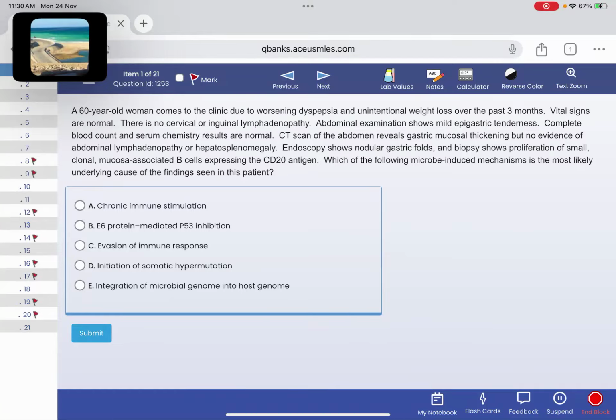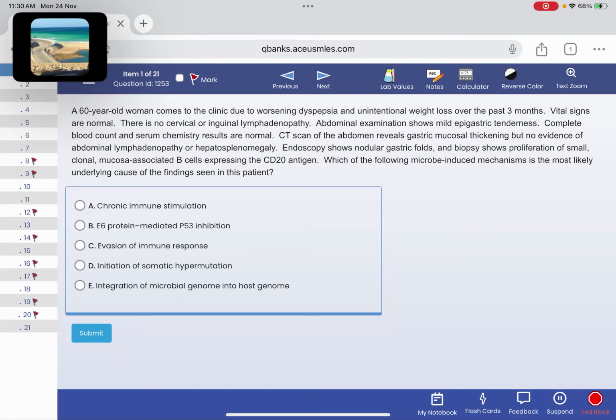CBC and serum chemistry results are normal. CT scan of the abdomen reveals gastric mucosal thickening, but no evidence of abdominal lymphadenopathy or hepatosplenomegaly. Endoscopy shows a nodular gastric fold, and biopsy shows proliferation of small clonal mucosa-associated B cells expressing the CD20 antigen. Which of the following microbe-induced mechanisms is the most likely underlying cause of the findings seen in this patient?